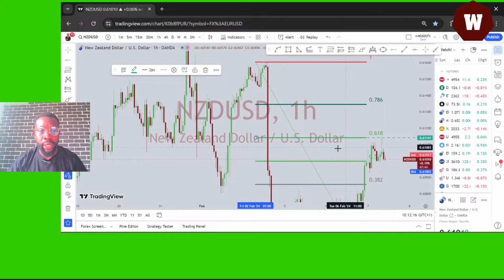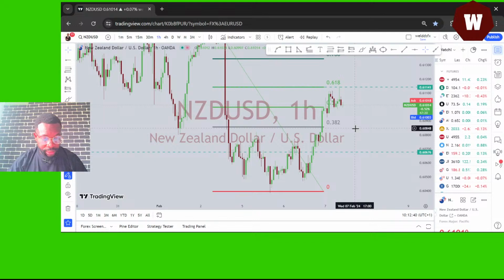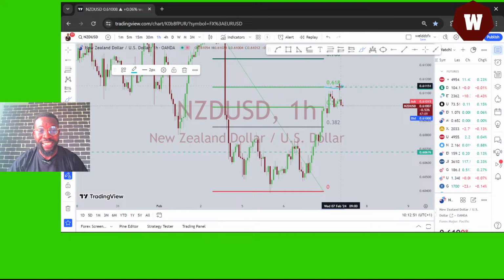Let me delete all this. This trade has already rejected the level very well. It just touched here slightly and started dropping. But I won't just enter the trade right here.